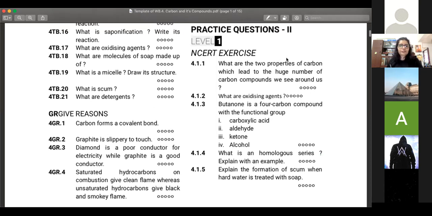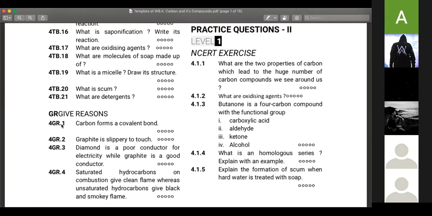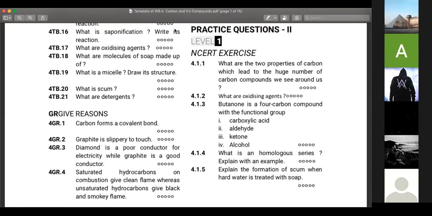Question number 1, what are the 2 properties of carbon which lead to the huge number of carbon compounds we see around us? Neil Prajapati. Yeah. Rest of you send it on chat. Mansi got it. Elena got it.